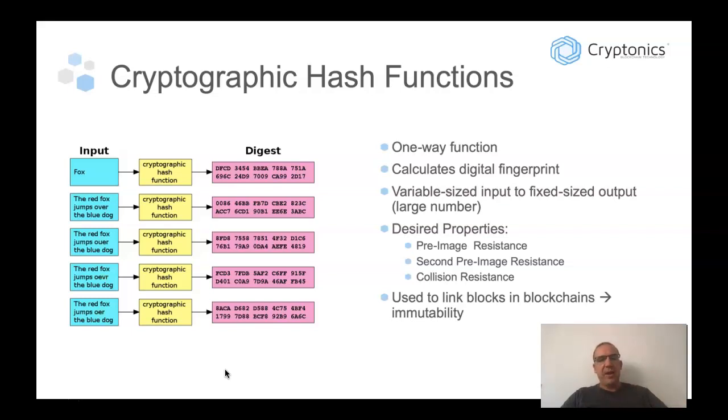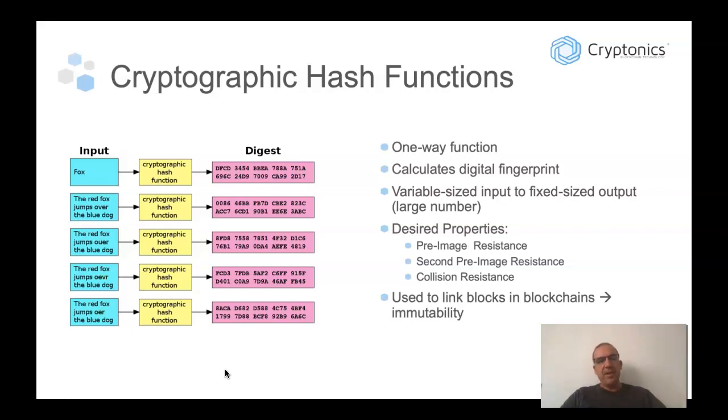And the properties of the hash value have to be that they're pre-image resistant, meaning that having the hash number, we cannot discover the original message, the original piece of data. So you cannot do the inverse of the hash function, or at least not practically in computer science terms.